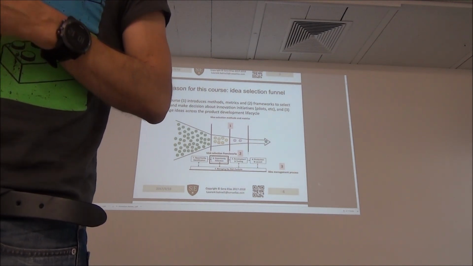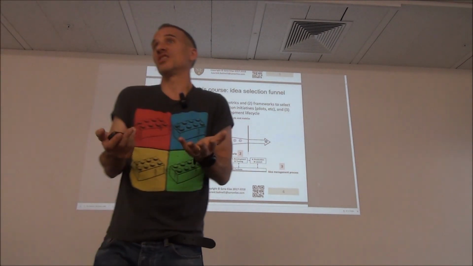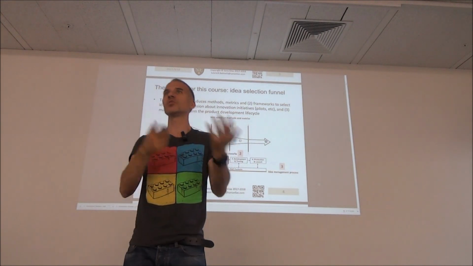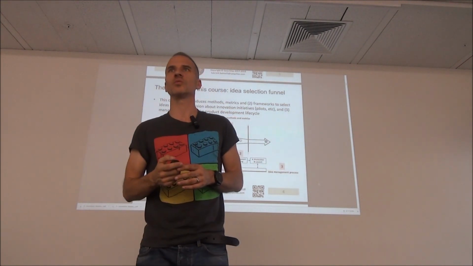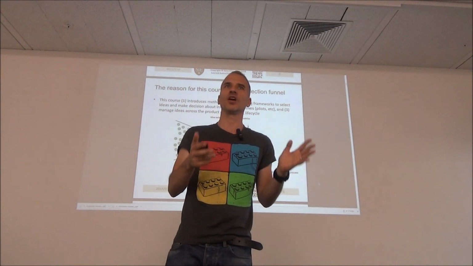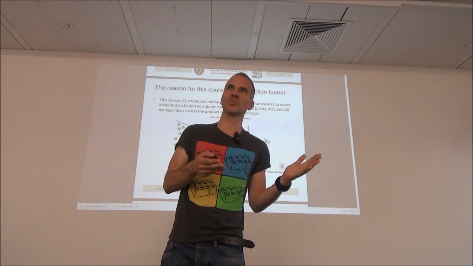But that's a very good point because perhaps an idea that you have today is not appropriate, not fit, but it could be a good one for next time, right? This is exactly, and I like that you asked this question, exactly the point why we use an idea management system. So we store all these ideas somewhere.